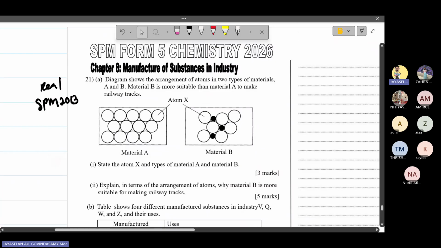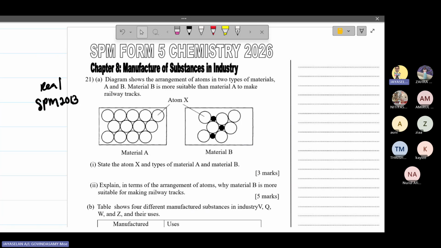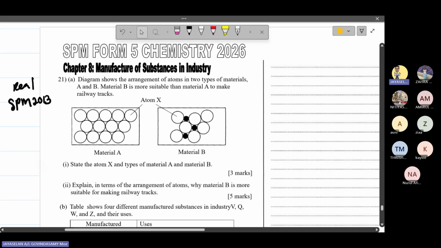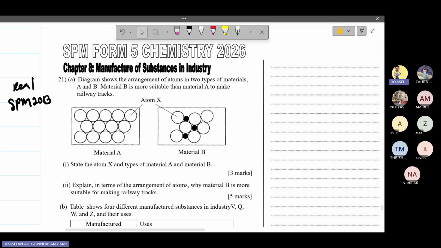It's a 2013 paper. Okay, you all try first. Okay, railway track, they use what? Railway track. Okay, remember this one.